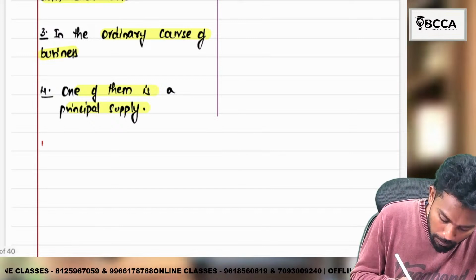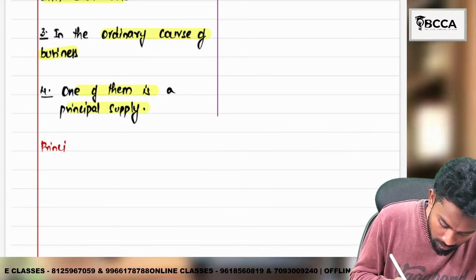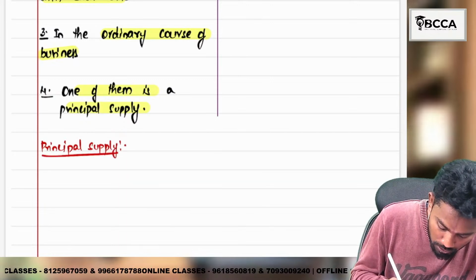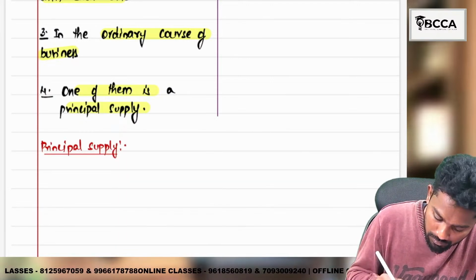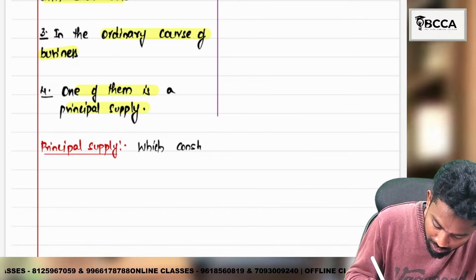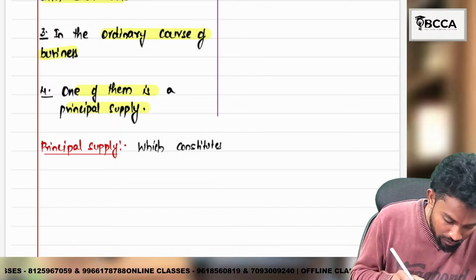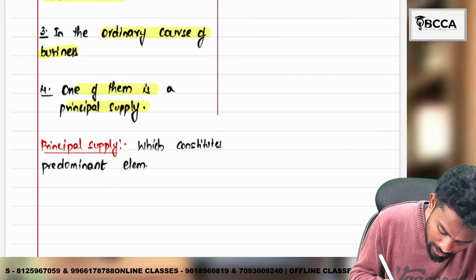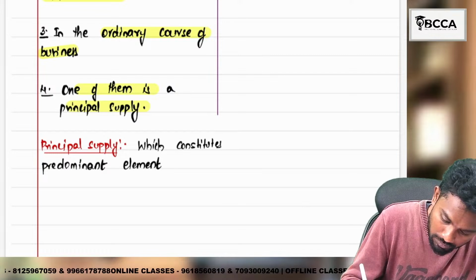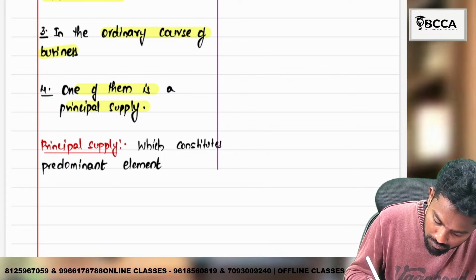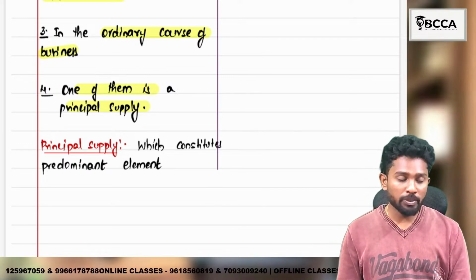Write down what is called principal supply: the supply which constitutes the predominant element.